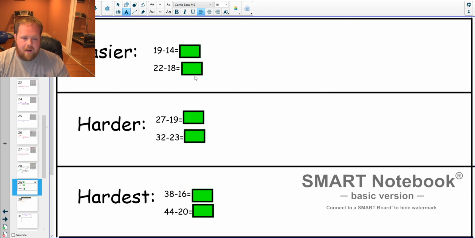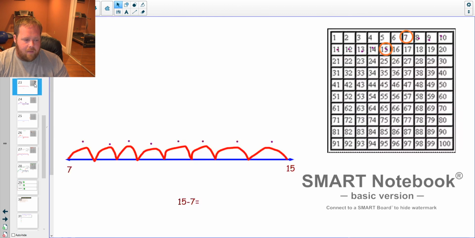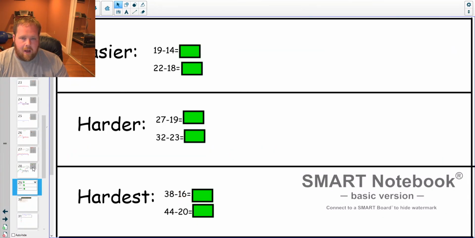We are going to take a look at these. These are different problems. Some easier problems, harder, and then the hardest. Oh boy. So you are going to pause the video and you are going to answer at least 3 of these questions. So you can pause the video, write down the number sentences, and then you can go back to a number line or to a number grid and use that to help you.